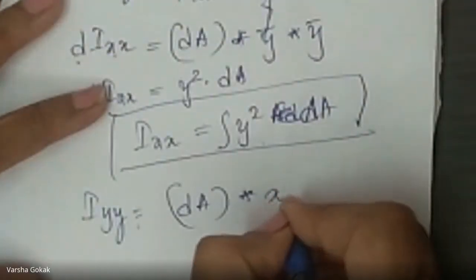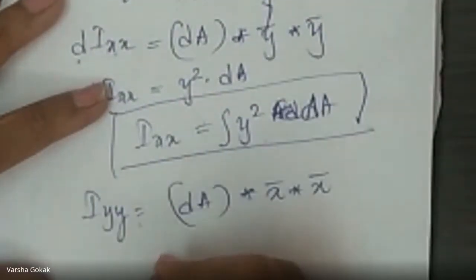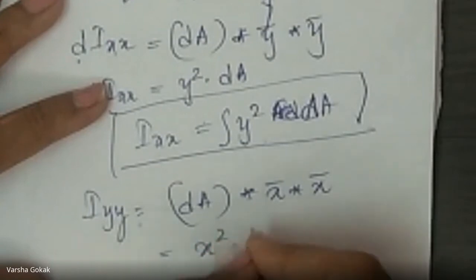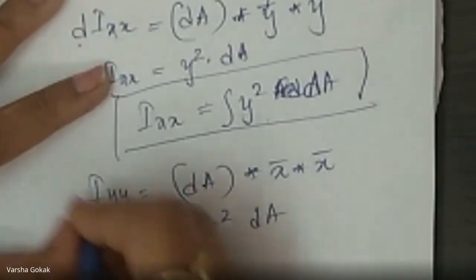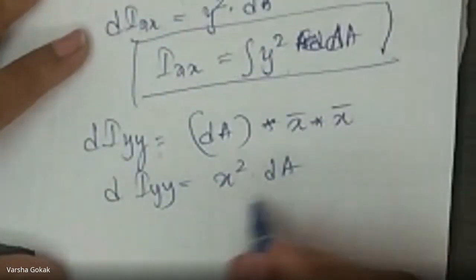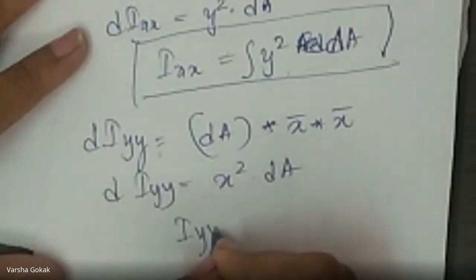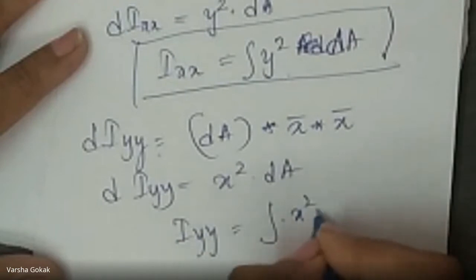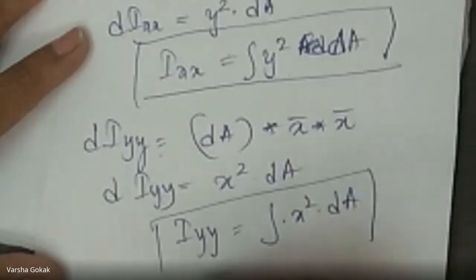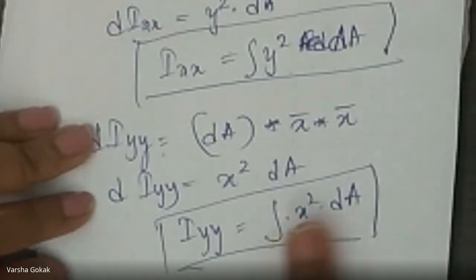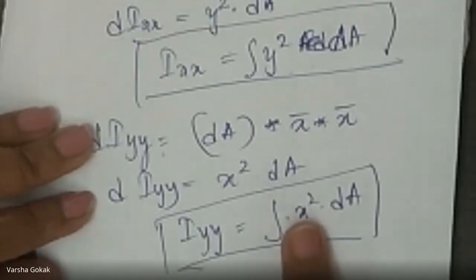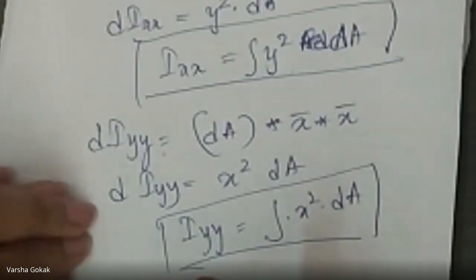X bar, right? So we can write it as x bar into x bar. Instead of x bar, if I call it x, it is going to be x square into dA. So dIyy, elemental, is x square into dA, or Iyy is the integration of x square into dA. Clear? Same as the definition. Second moment of area: area, 2 times distance, that is second moment of area. Clear? So these two are the main equations.